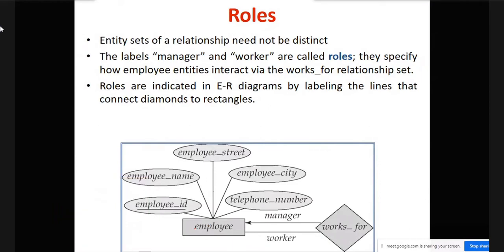Consider the banking example: in a bank, manager is also called an employee. Other workers, or maybe a clerk, are also known as employees of the bank. But specifically, they have some role.